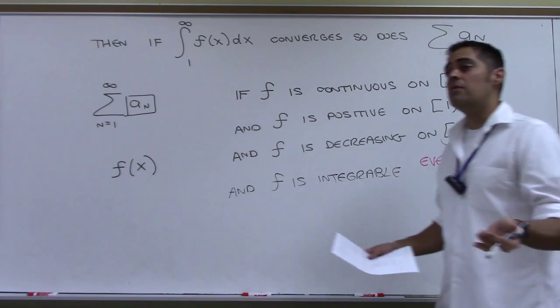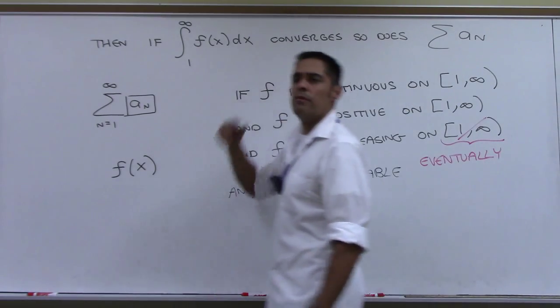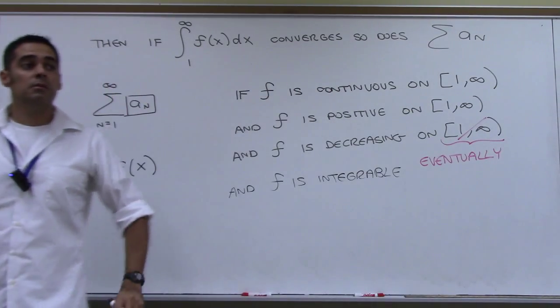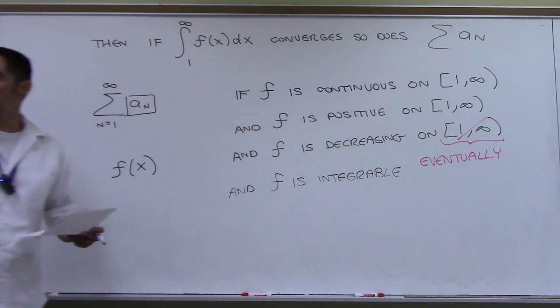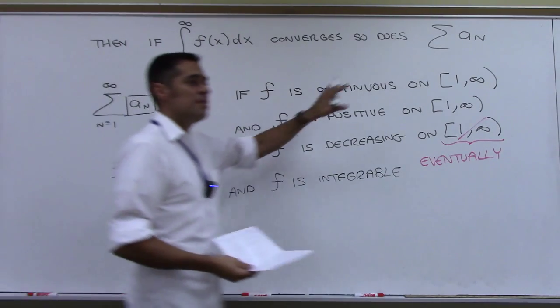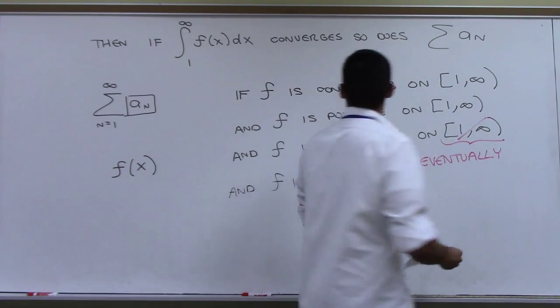On the other hand, what do we mean by the integral converging? It's going to give a finite number. If, when I do my integral, it turns out to be a finite number, what that tells me is that my series had to do the same thing.